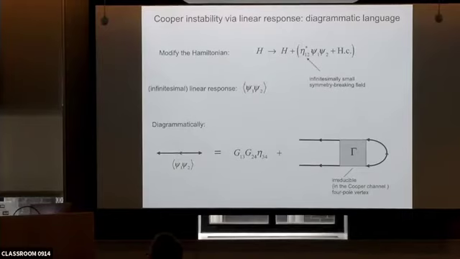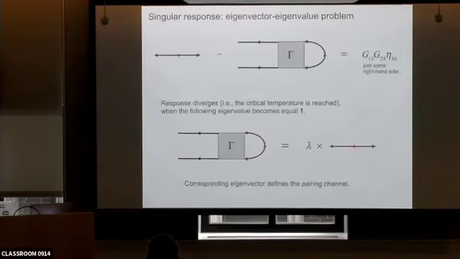And this is the same quantity of interest, so everything looks like a linear equation with respect to this response function. If we write it down as a linear equation with the right-hand side, and then ask at which point the response becomes singular, that will be precisely the critical temperature, at which this theory falls apart.